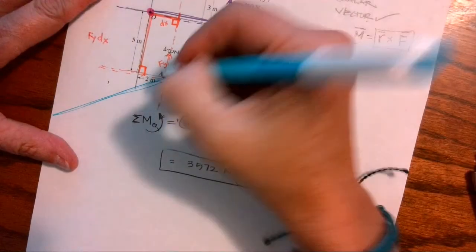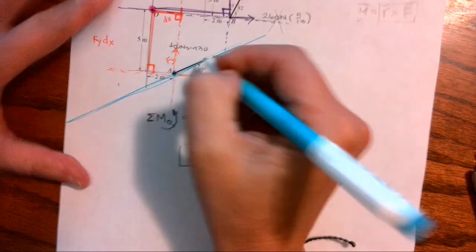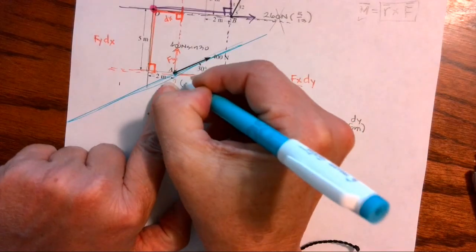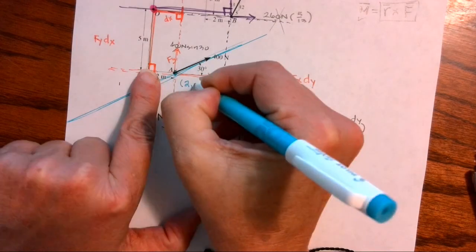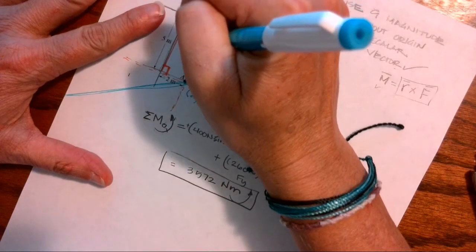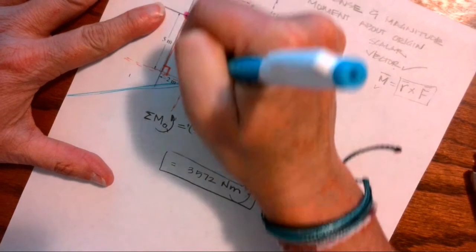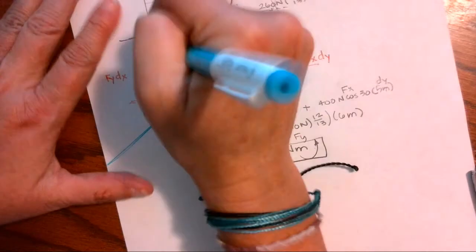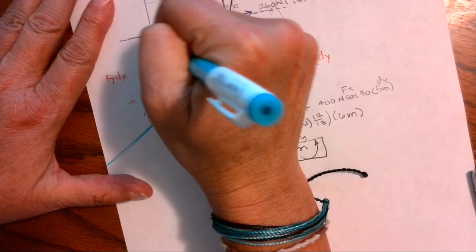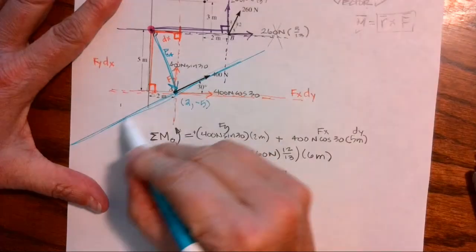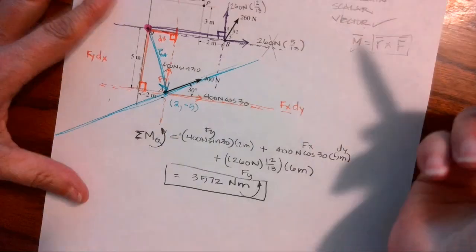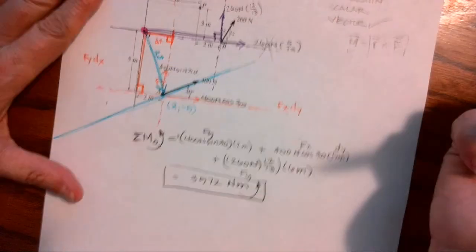Well, I happen to know the coordinates of A, and the coordinates of A are 2, -5. So I'm going to go from the origin, the point I'm spinning around, I'm going to have my position vector from O to A. And that is then touching the line that my force vector of 400 newtons is on.